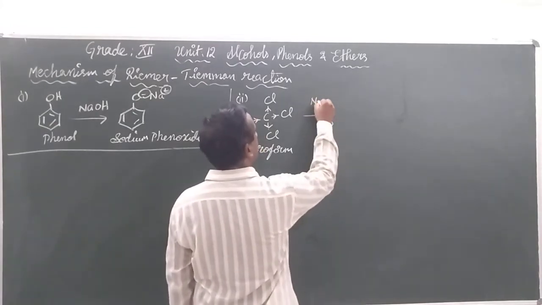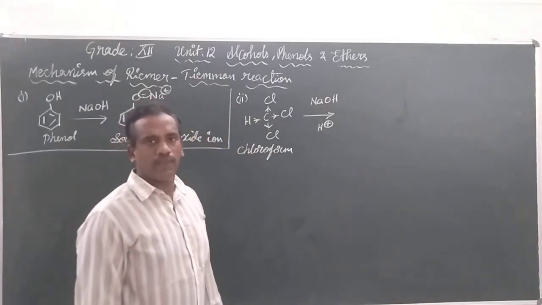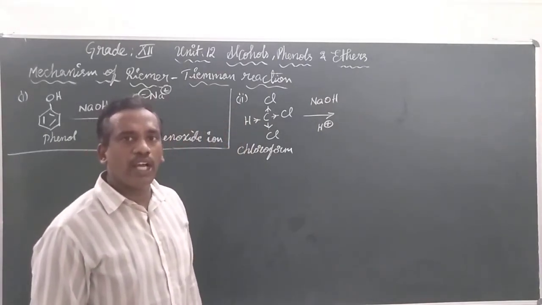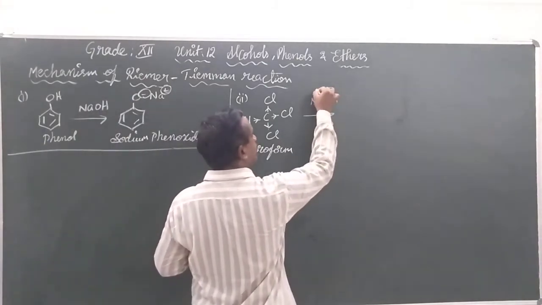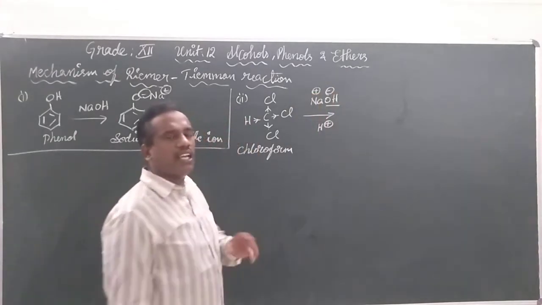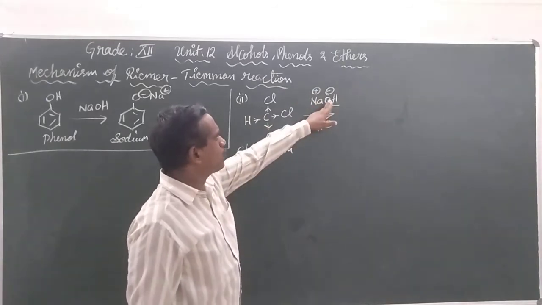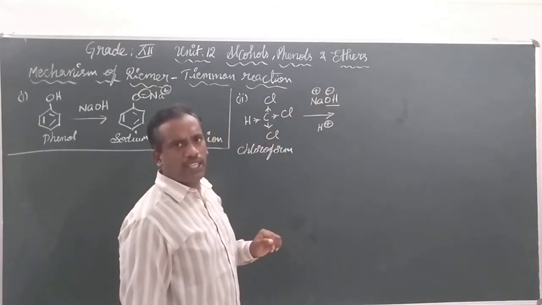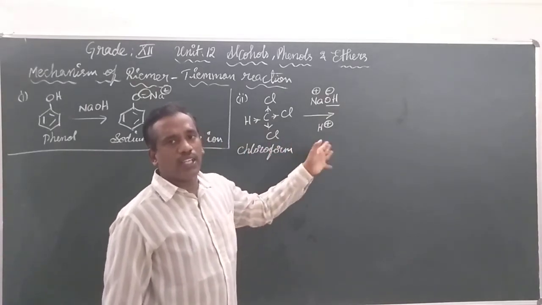Whenever this happens, once we add the sodium hydroxide, then only this is going to dissociate into Na plus and OH minus. The OH minus is going to give the electrons for the H plus ion, and that is going to be removed in the form of water, H2O.